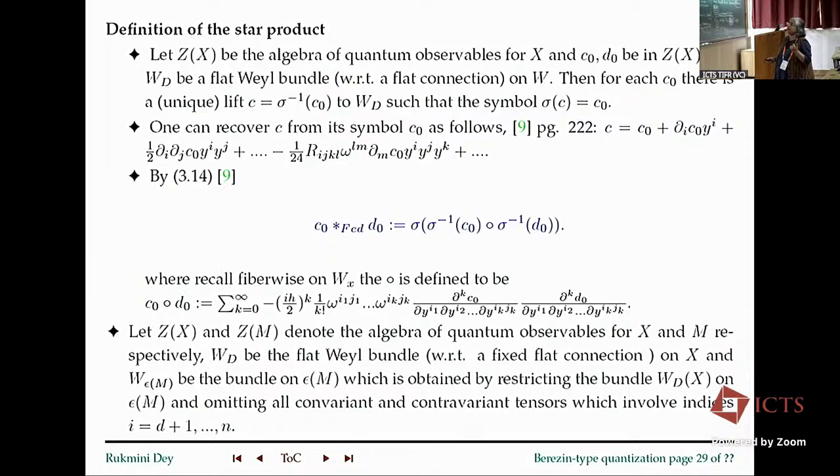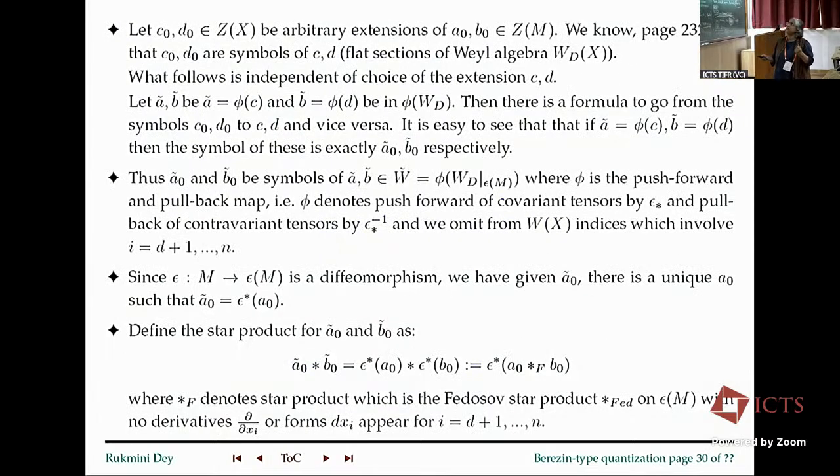So now our job is very simple. We just do the same thing on Zm, but we restrict all the quantities, all the objects. We first restrict it to epsilon m, we remove all the derivatives which do not involve the epsilon m, and then do the star product as follows.